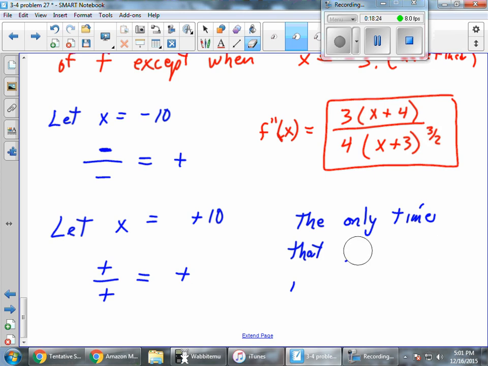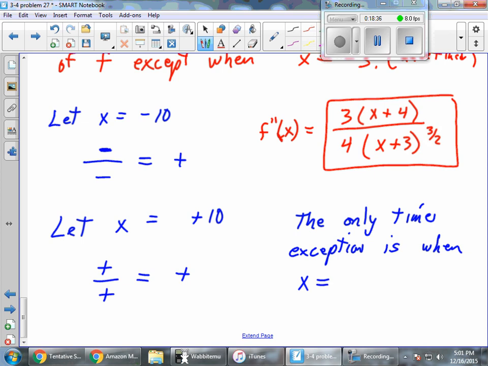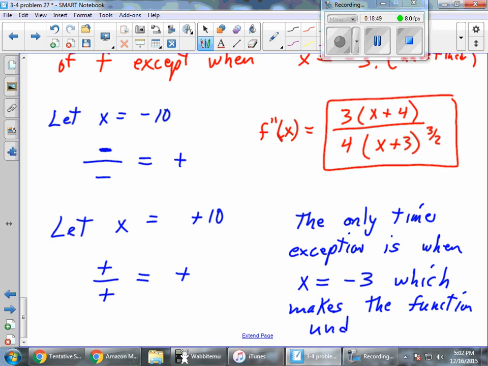Let's just say the only exception is when x equals negative 3, which makes the function undefined. So no inflection point when it's undefined, obviously.